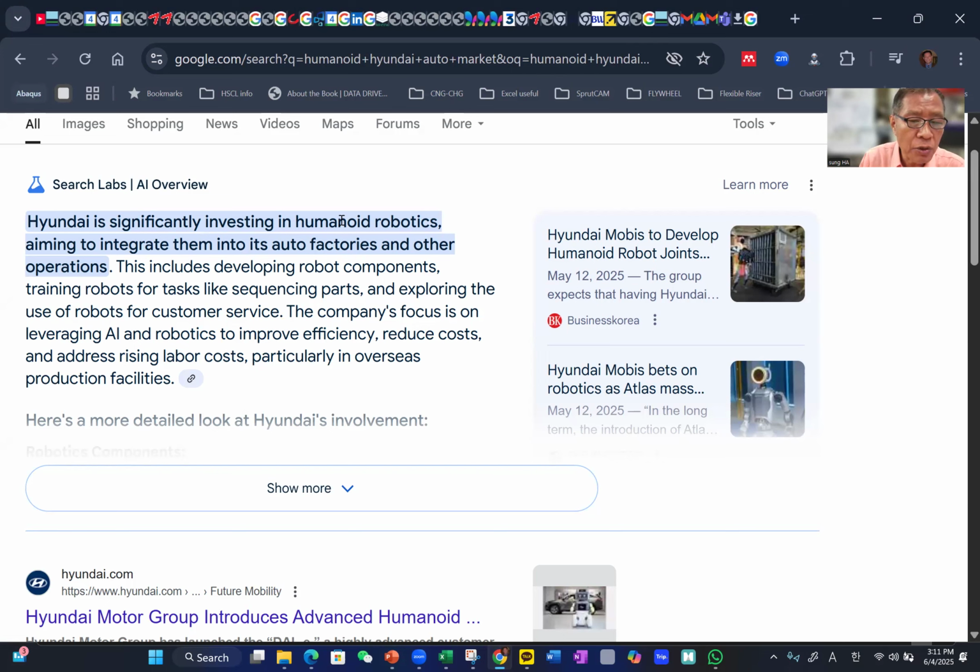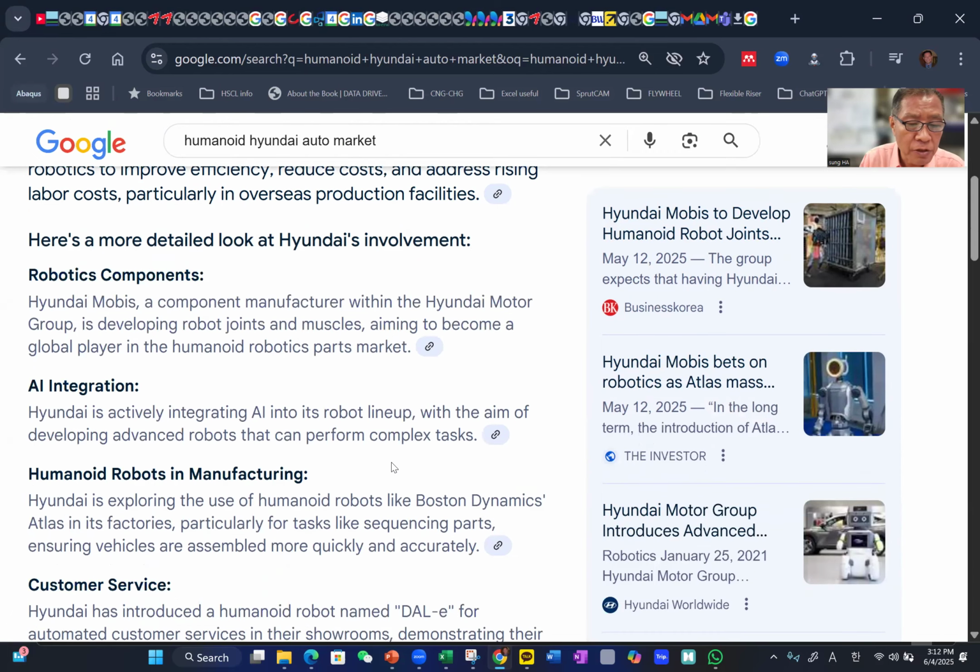This includes, as it says, developing robot components, training a robot for tasks like sequencing parts, and exploring the use of robots for customer service, etc. So we need to understand the current demand and trend of the humanoid, not just for the purpose of understanding energy, but mainly to understand how new technologies are developing.